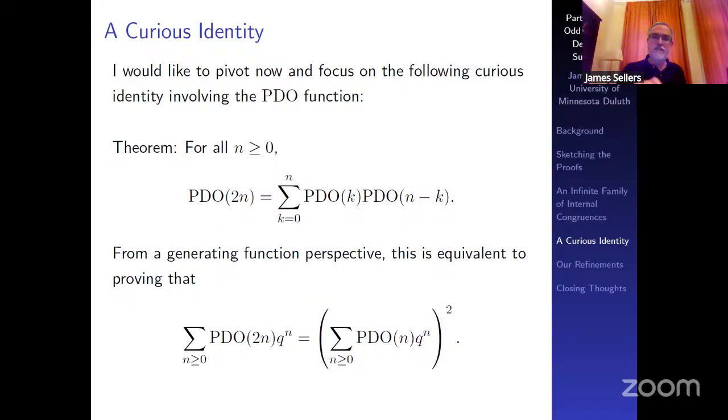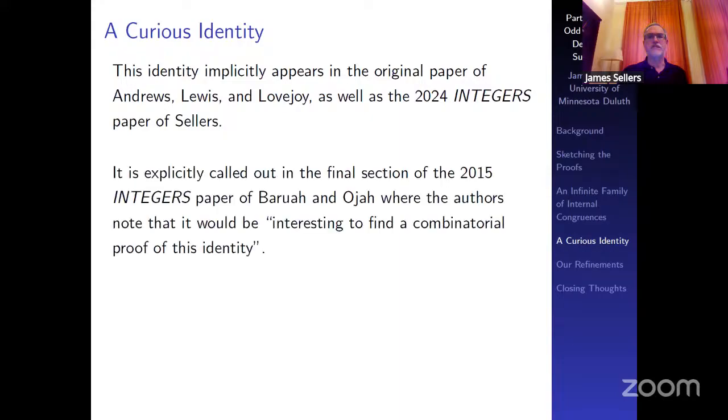So this is the generating function from which one gets the theorem that's higher up on that slide. Namely, that the generating function for PDO of 2n is equal to the square of the generating function for PDO of n.